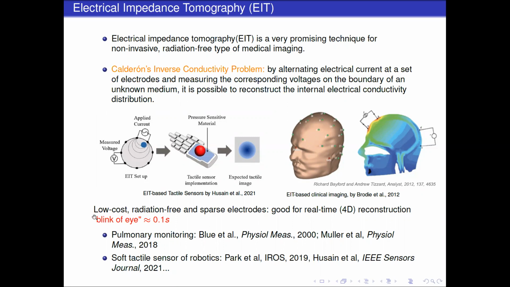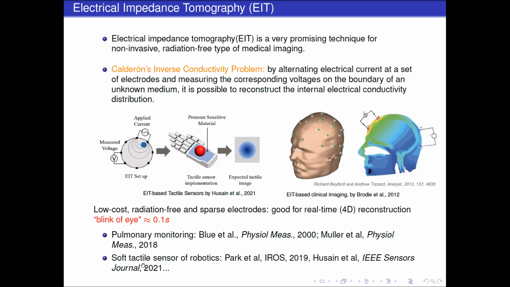It has the advantages of being low cost and radiation free, so it is really good for real-time reconstruction. People even call it 4D reconstruction, meaning 3 spatial dimensions plus 1 temporal dimension. For example, it can be used for medical monitoring.